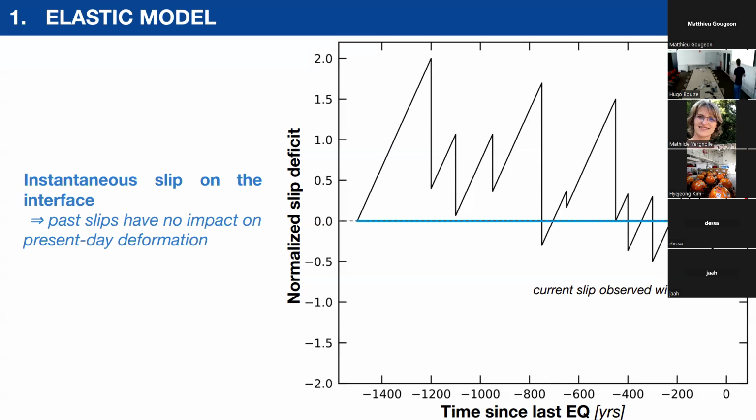We are assuming that the earthquakes that occurred in the past do not have any impact on the current deformation. Only the real time matters, you could say. So it's like you have a zero slip on the interface through time, and then it starts suddenly to slip at the moment you are looking at the data.